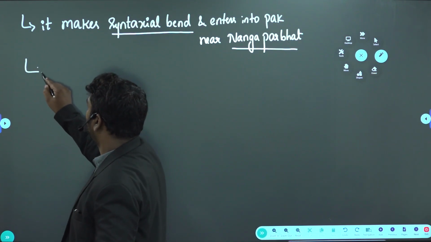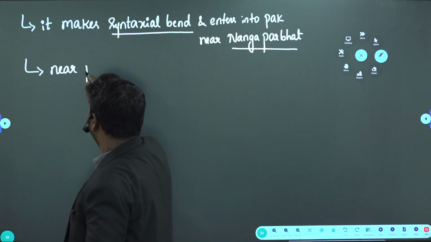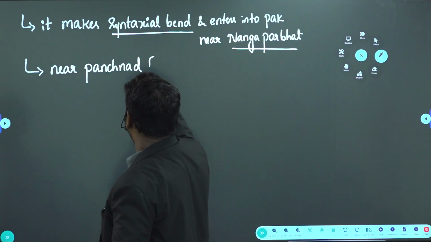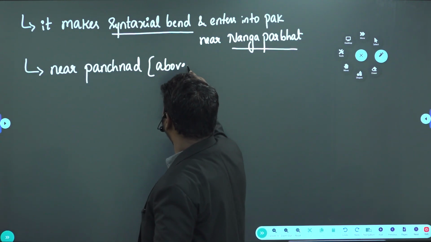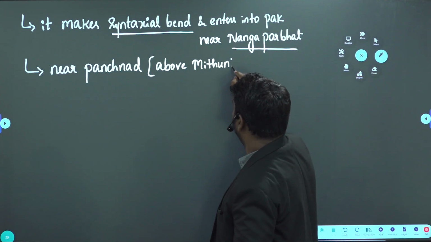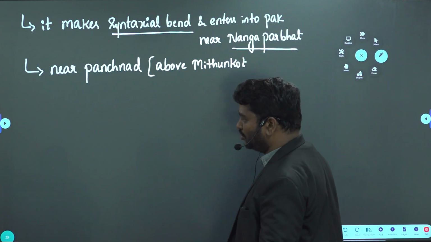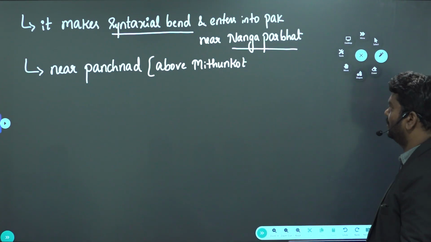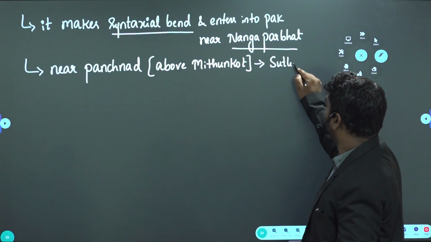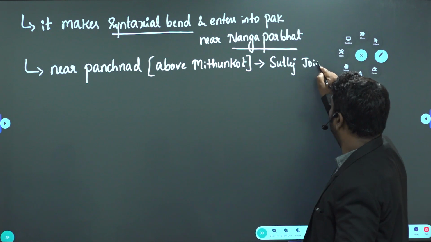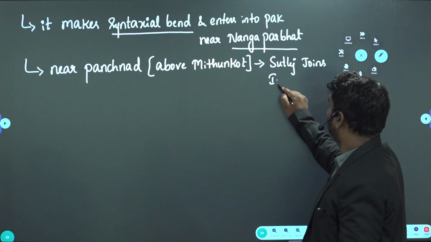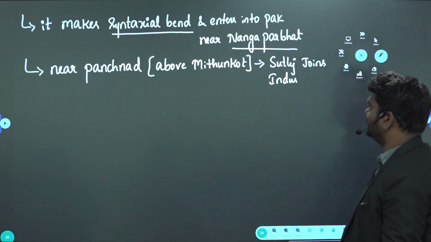Fine. Near Panchanad, above Mithankot, Sutlej joins Indus.